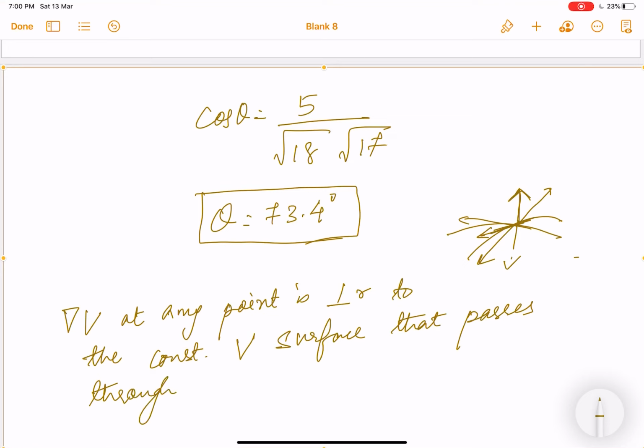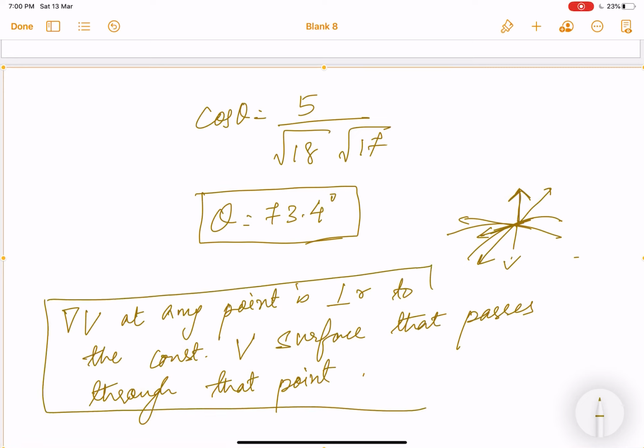Do remember this catch: if it's asked for the normal to a surface, then it will always be the gradient.